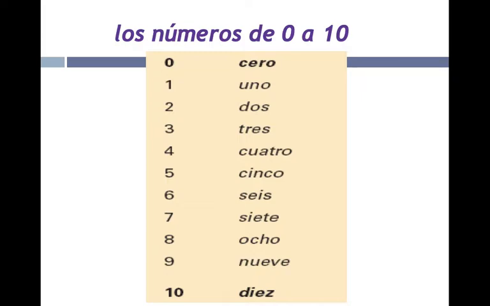So the first 10 numbers, let's just take a closer look at them. And repita, por favor. Cero, uno, dos, tres, cuatro, cinco, seis, siete, ocho, nueve, diez.